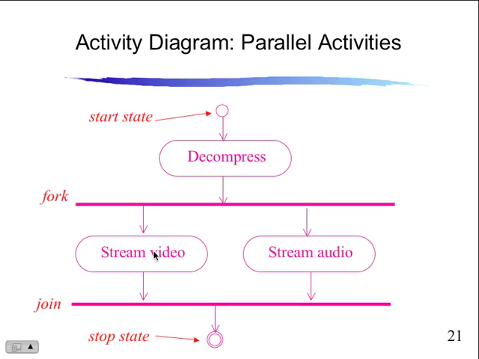Let's maybe just call this a DVD. We have the video stream, and then we have the audio stream track of the DVD that we want to do something with. We can fork off an event to say decompress it, and then take that stream in parallel, do some processing on it, and then join it together for the final state, which is going to be the outputted translated file.